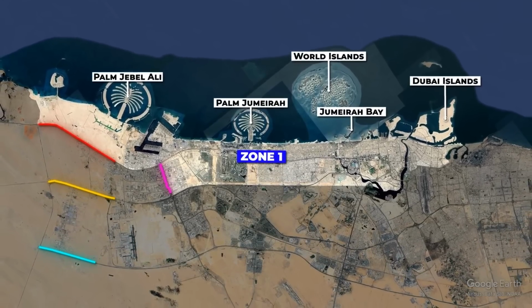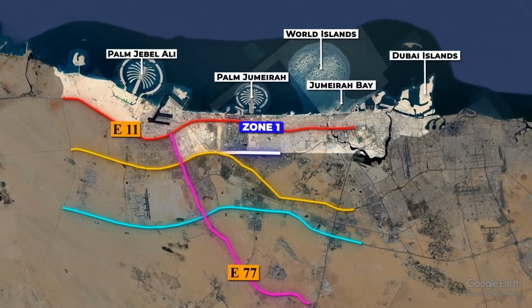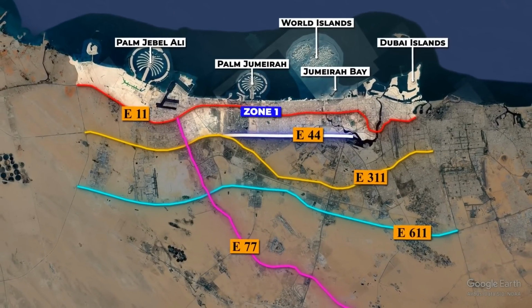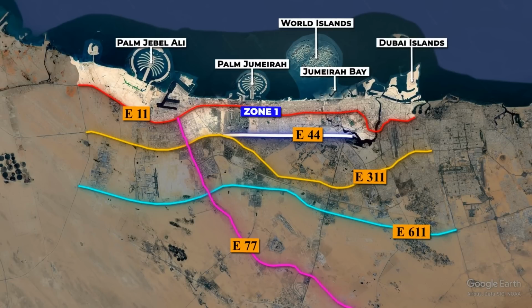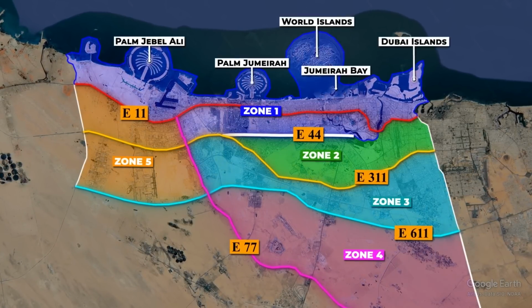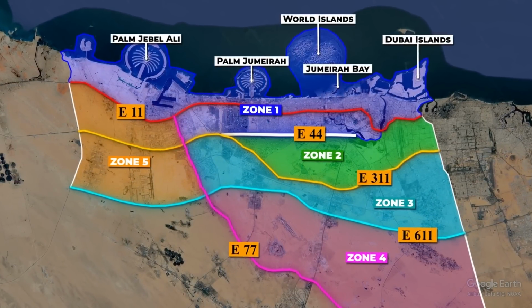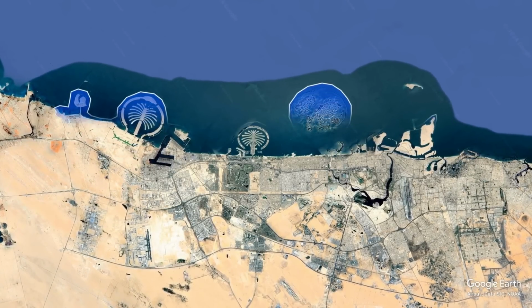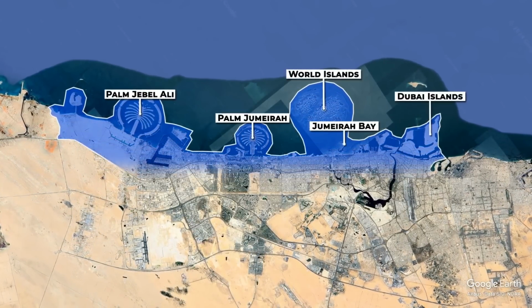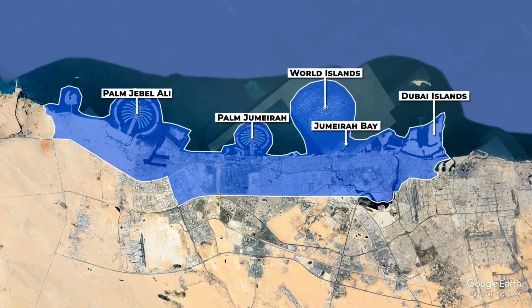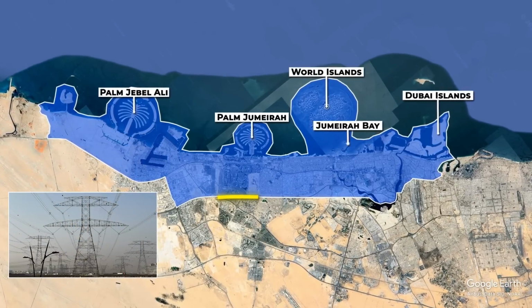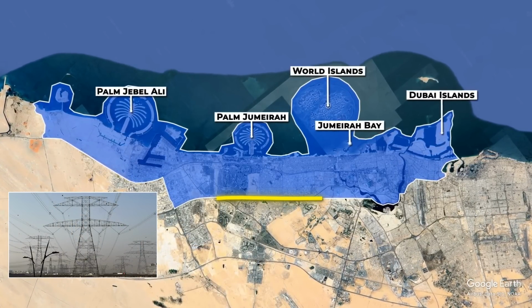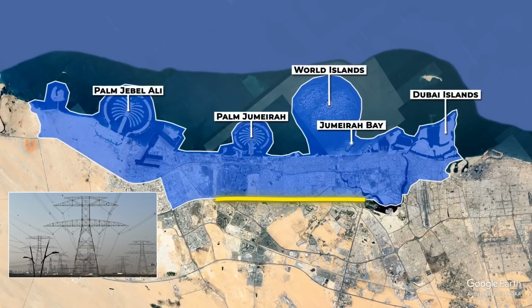So we have taken a few major highways which are integral to the city's road infrastructure and connect all the areas, and then divided the zones based on how these roads cut through the map of Dubai. Zone 1 constitutes all the areas from the coastline, including all the man-made islands, till the section of the city where a long continuous stretch of power lines runs up till the boundary cut by the natural creek of Dubai.